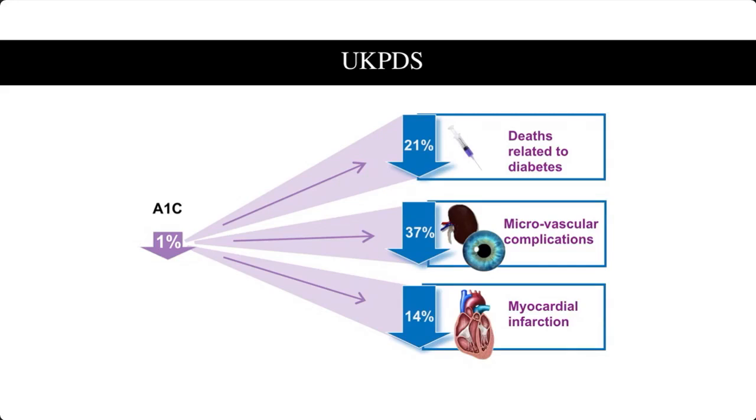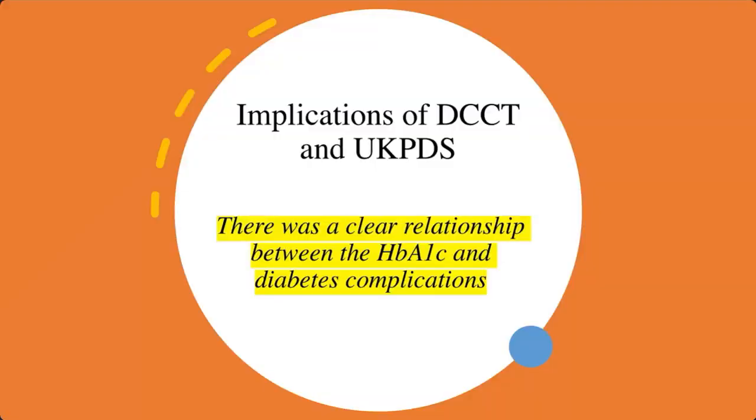So what were the implications of DCCT and UKPDS? Both showed there is a clear relationship between hemoglobin A1C and diabetes complications. If you get tightly controlled blood sugar with lower hemoglobin A1C, the patient gets fewer complications, and as the hemoglobin A1C increases, the diabetes complications increase.